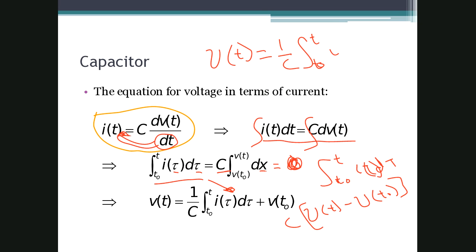Now we haven't integrated this side yet, we just left it alone. If the initial voltage is 0, that last term goes to 0. It's not a problem. But this equation will give us the voltage at any time, no matter where you start.